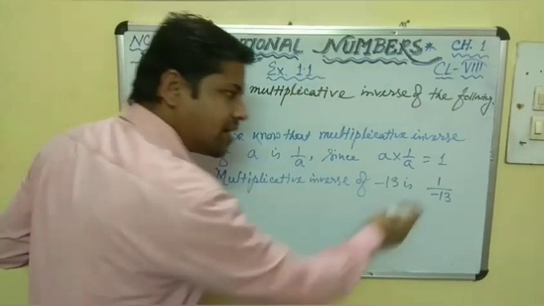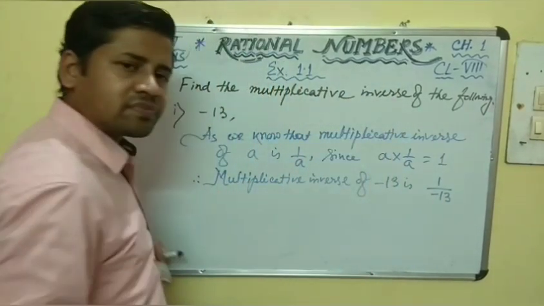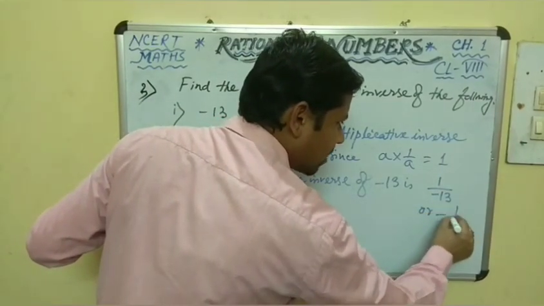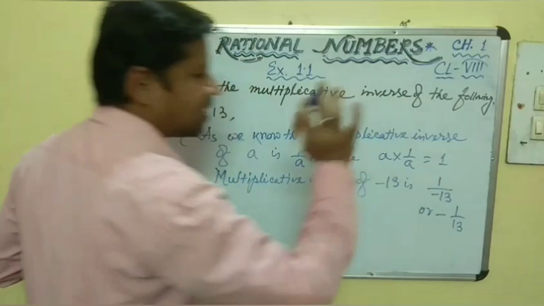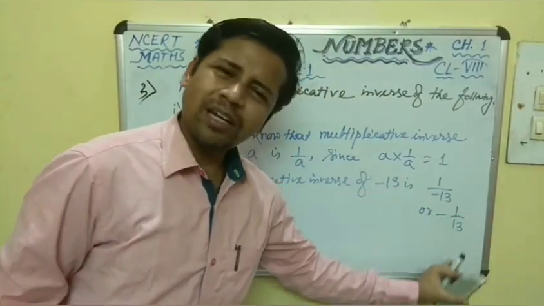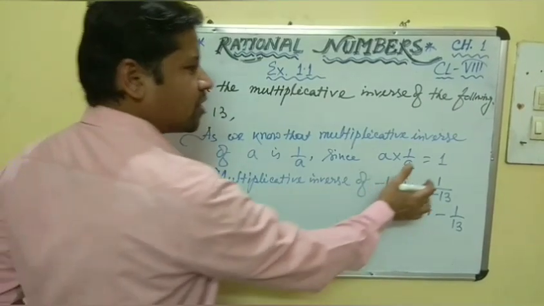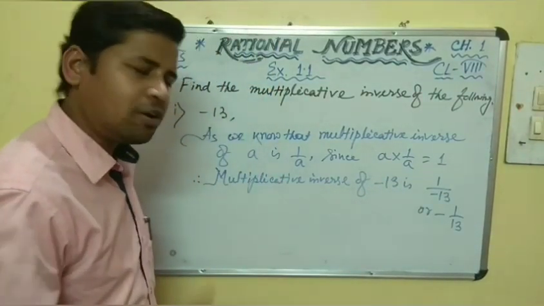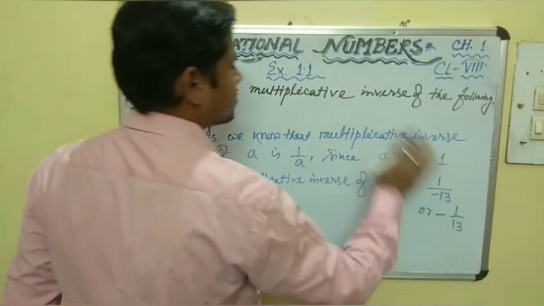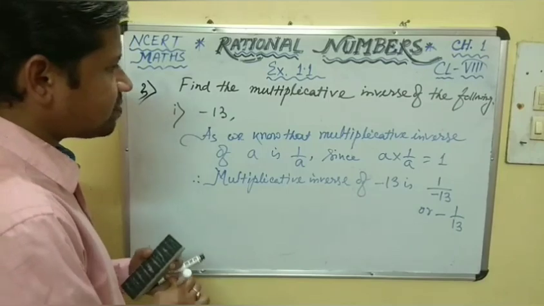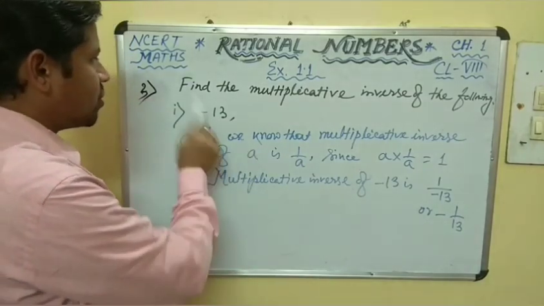You can write the minus in front, or you may write minus 1 by 13. Both are right, either 1 by minus 13 or minus 1 by 13, because both are the same: if we multiply both numerator and denominator by minus 1, it will be minus. So it is clear to you.